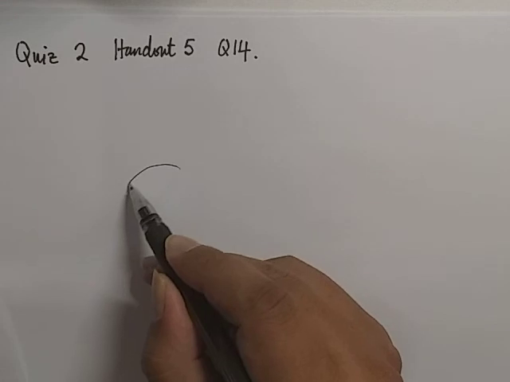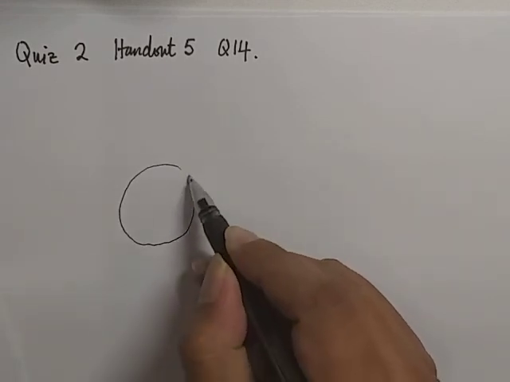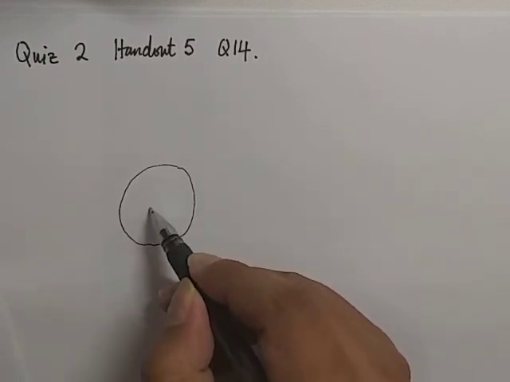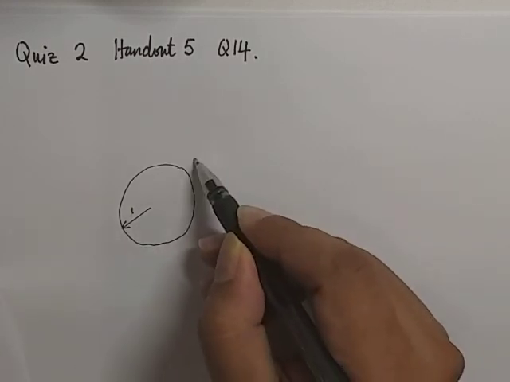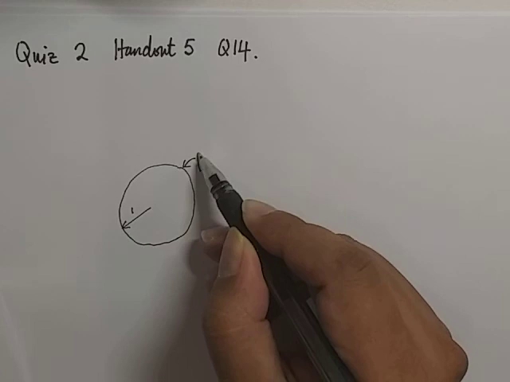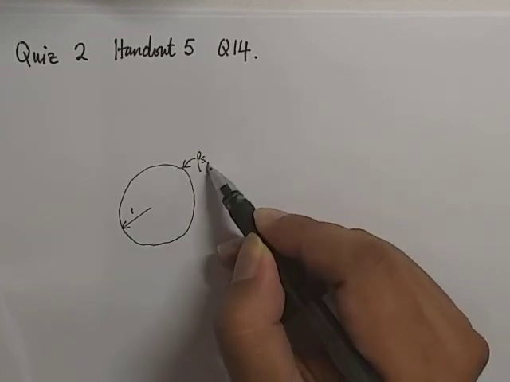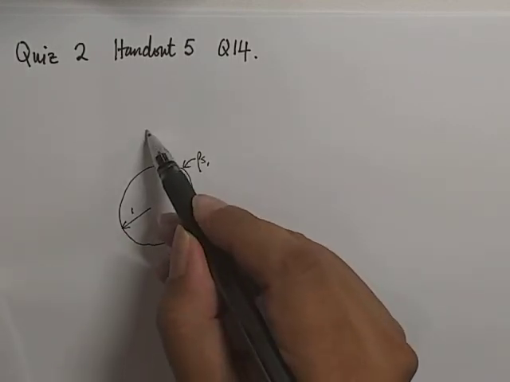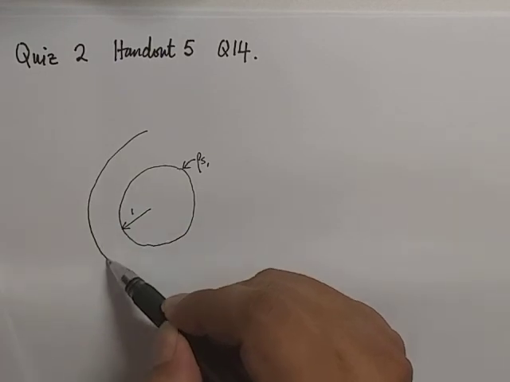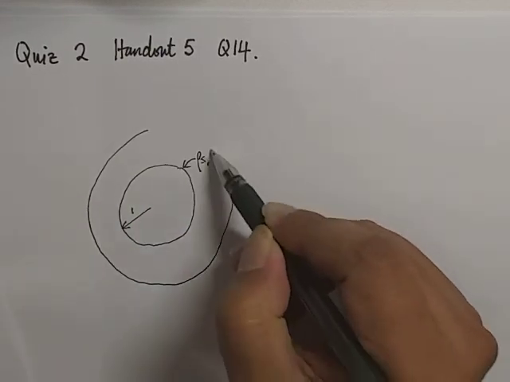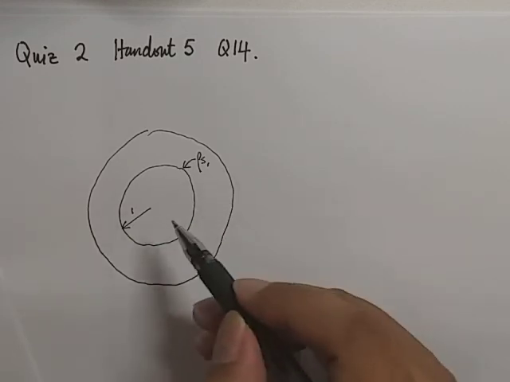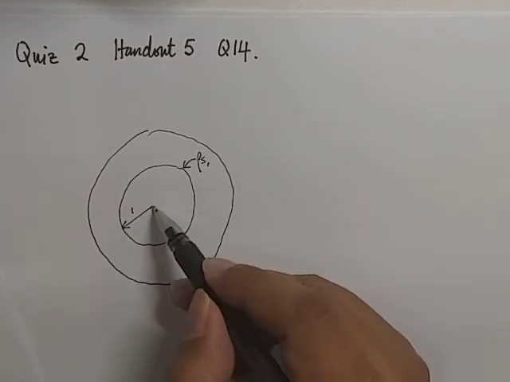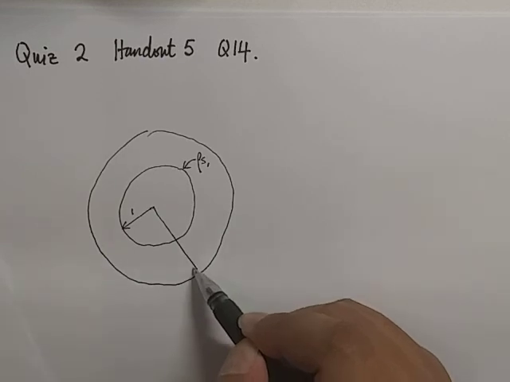This should be my shell number 1, having radius 1 and charge density rho s1. Then I'm going to draw my second spherical shell. Concentric means that all three shells have the same center.